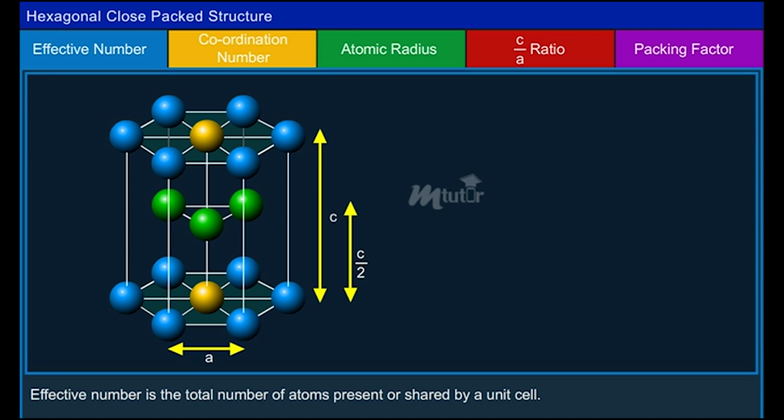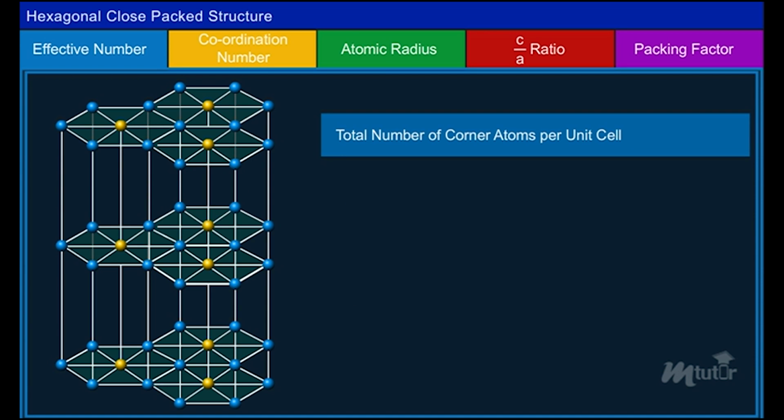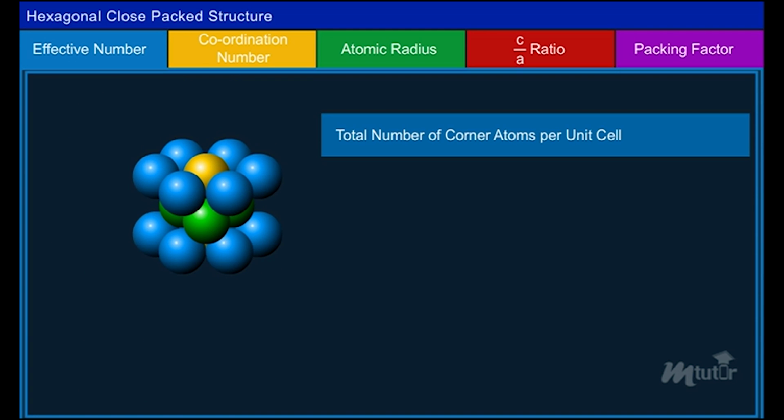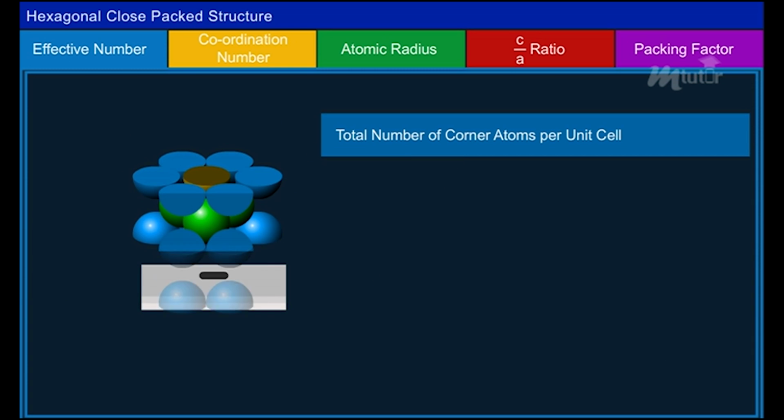In the HCP structure, we have 3 types of atoms, namely corner atoms, base atoms, and middle layer atoms. Observe the corner atom here. Do you find that it is surrounded by 6 atoms?